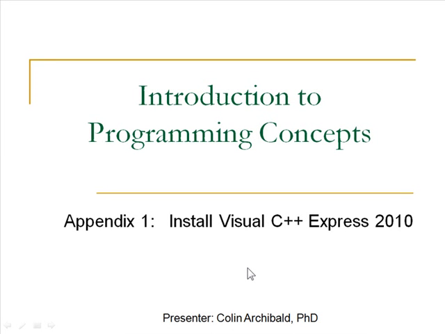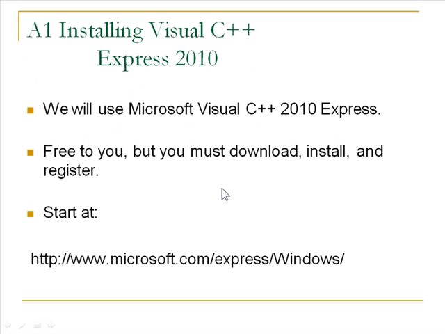Okay, so in this appendix, I'm going to show you how to get Visual C++ Express Edition, and the current version of that is 2010. You could use the Professional Edition, but it takes a long time to download and install, and you have to either pay for it, which you don't want to do, or figure out how to register it using the MSDN.